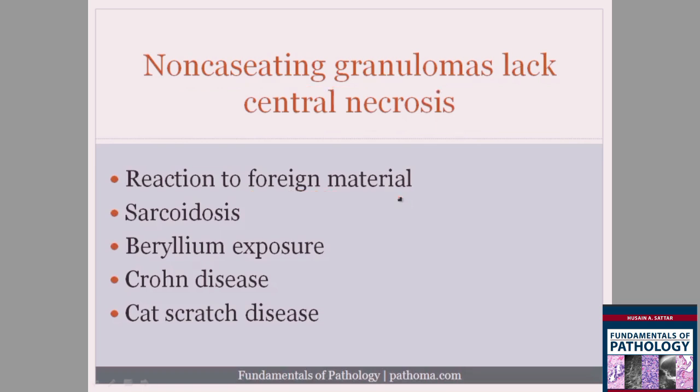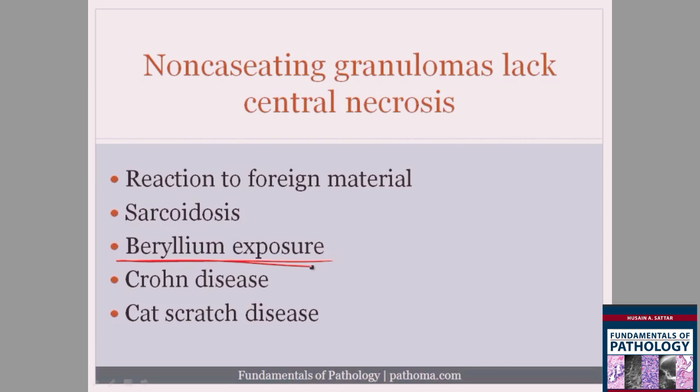So that's one example. Another example would be sarcoidosis, a disease that we'll talk about when we do respiratory. Its characteristic hallmark is the production of non-caseating granulomas in multiple tissues throughout the body, in particular the lung. Beryllium can also cause the formation of non-caseating granulomas, predominantly within the lung, but in other tissues as well.